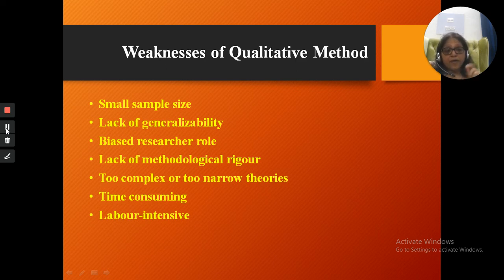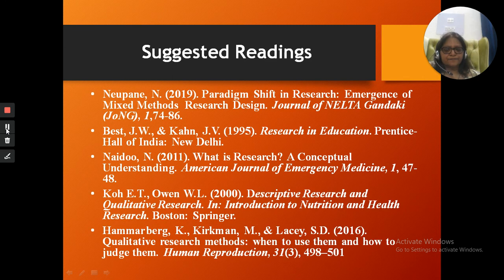You have to have that eye so that you don't miss even the minutest detail of the data. So it requires a very precise researcher, a researcher who is objective in himself or herself. So this is a strong weakness of qualitative method.